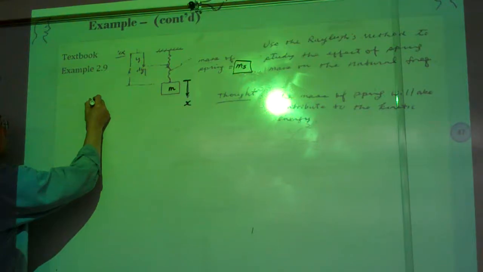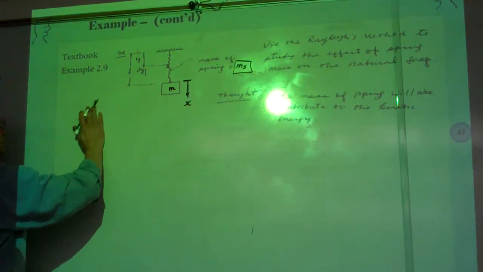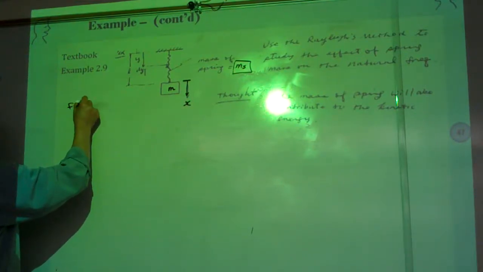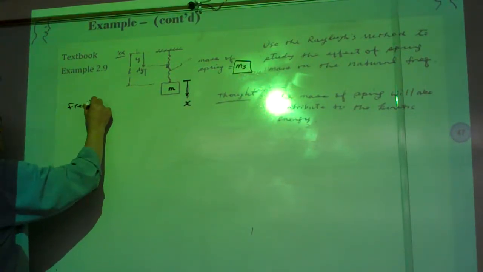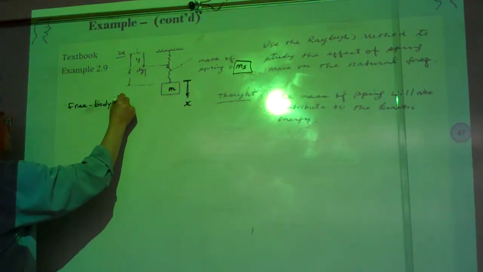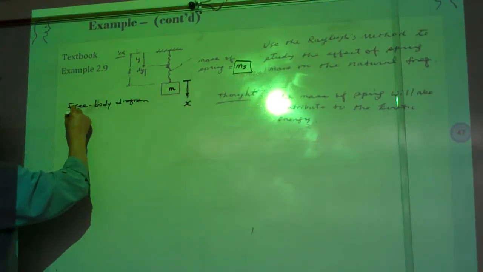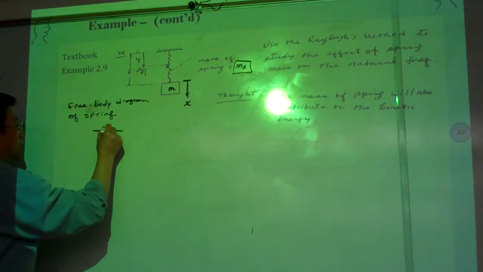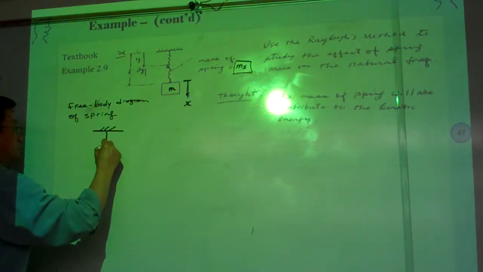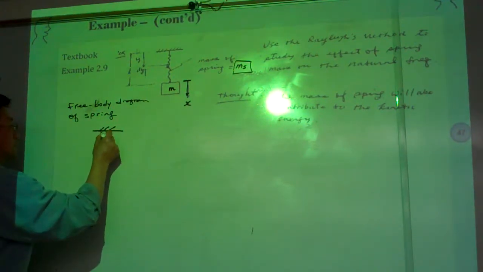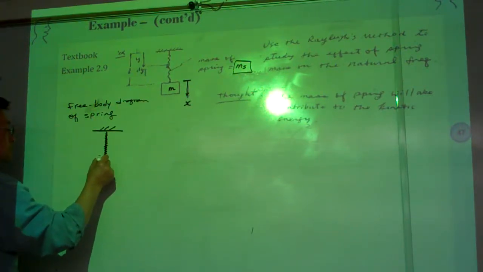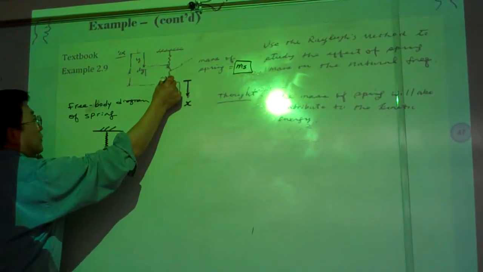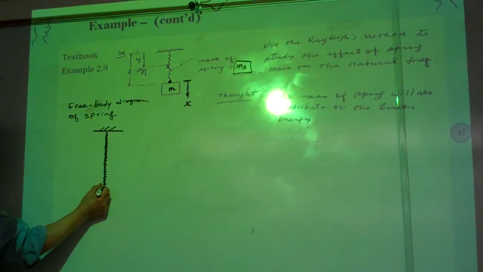So here let me put the mass and the spring, and let me put the free body diagram of the spring. The spring is kind of here, and this end is attached to the mass, so that is this point here.